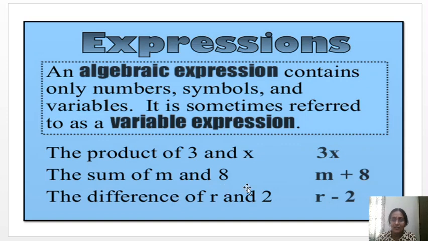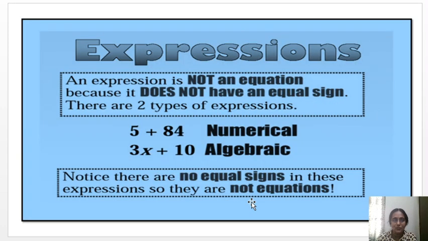But you can write the word form in many ways. Here one simple way is the sum of m and 8. What is the difference of r and 2? It is r minus 2. The difference of r and 2 is r minus 2.